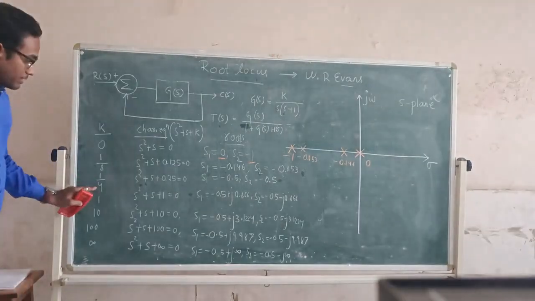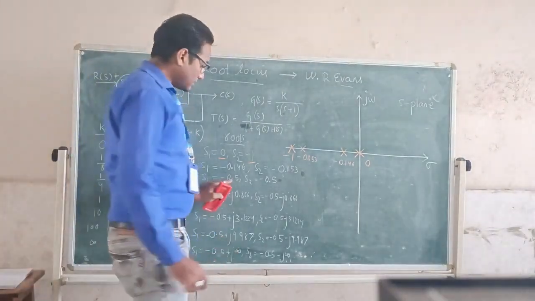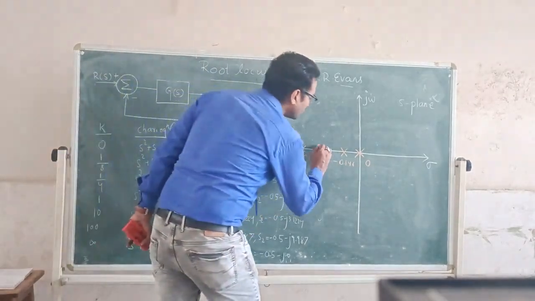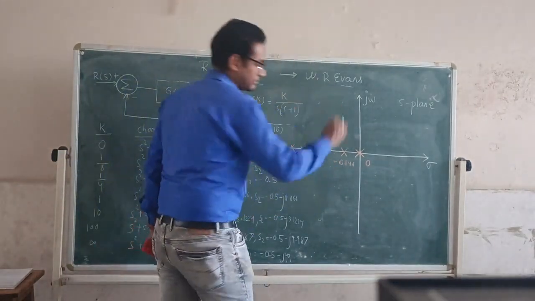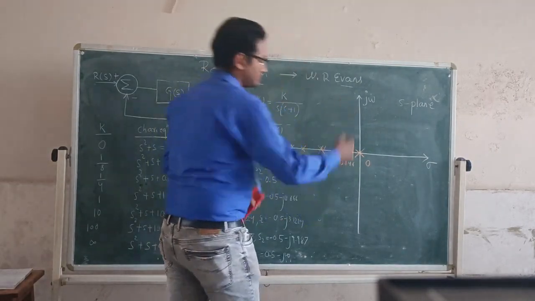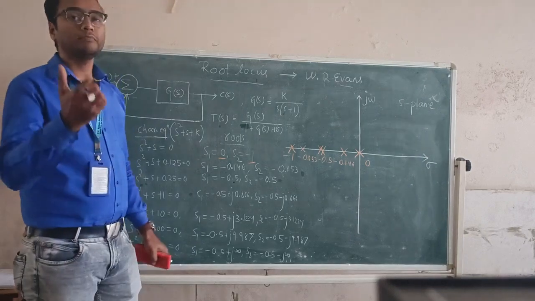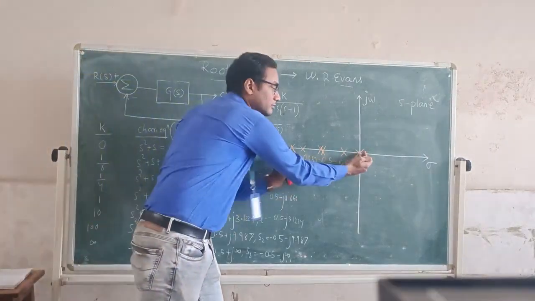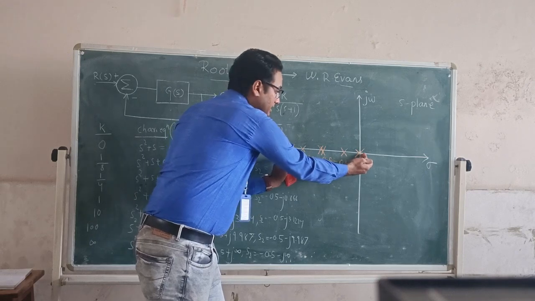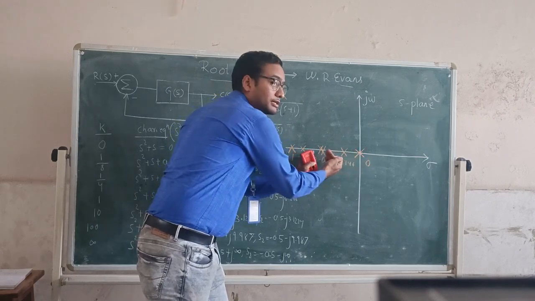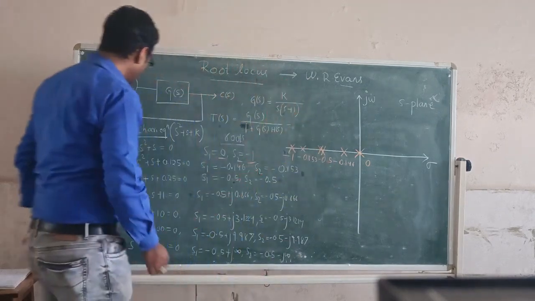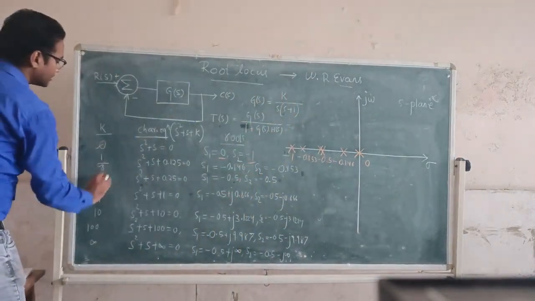When k = 1/4, what are s1 and s2? s1 = -0.5 and s2 = -0.5, meaning the two roots meet each other at -0.5. This is called the breakaway point. The roots start at 0 and -1, I increase the value of k, the roots come towards each other, meet here, then segregate from this side.